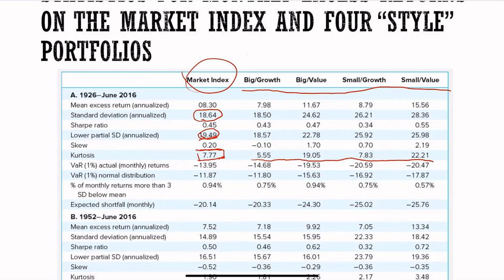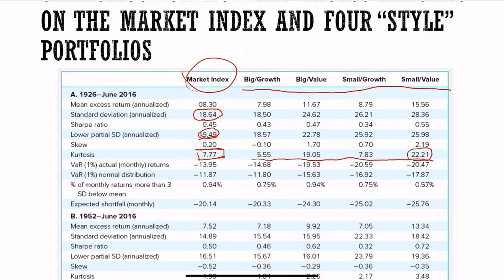And if you look at big value and small value, these portfolios have much larger fat tails, even compared with the market index. Right? So this basically means that if you're a value investor, it's very likely you will be hit by big negative returns and large positive returns.